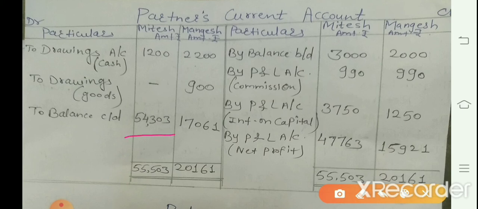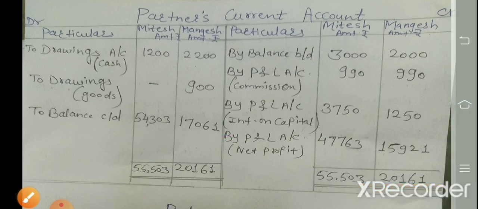To that amount we will write to balance carried down. Similarly, for Mangesh, the debit side's total will be deducted from credit side's total. The remaining amount is here, that is 17,061. So this amount will be written in balance sheet.